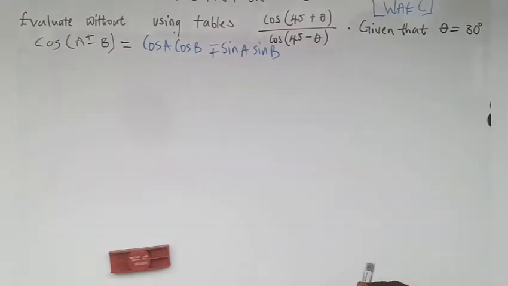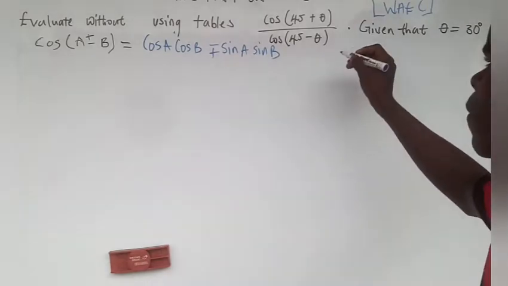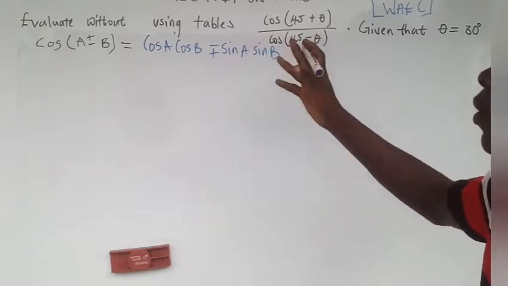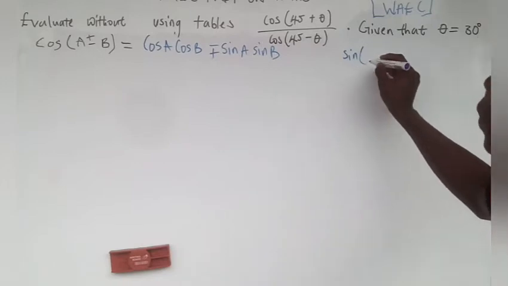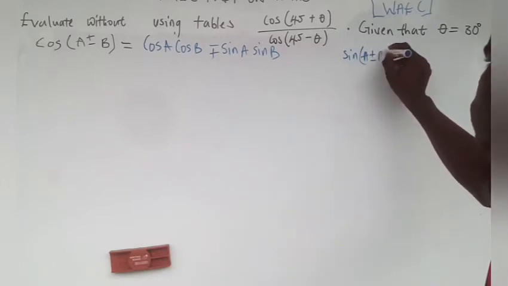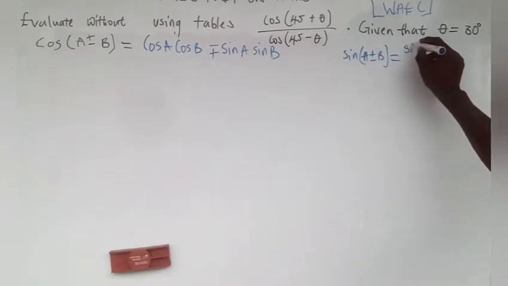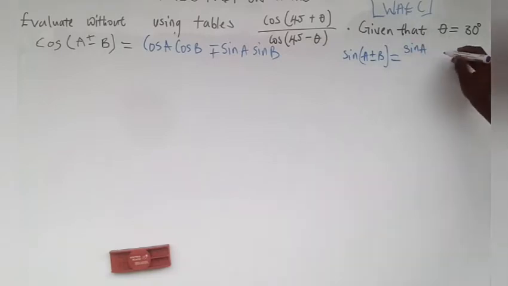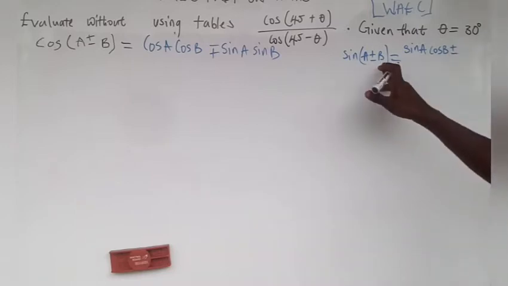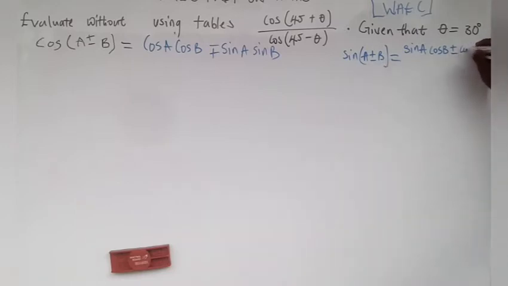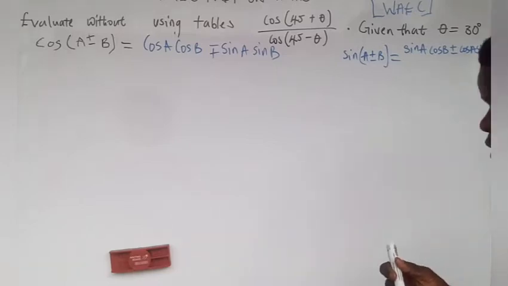And also know that, well, that was not applicable in this question, but take note that sine of the sum or difference of two angles, A plus or minus B, is equal to sine A cosine B plus or minus cosine A sine B. Just note that.